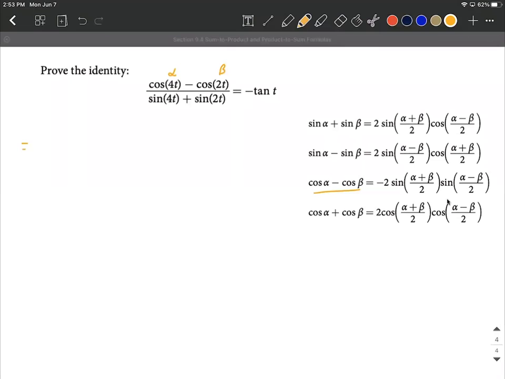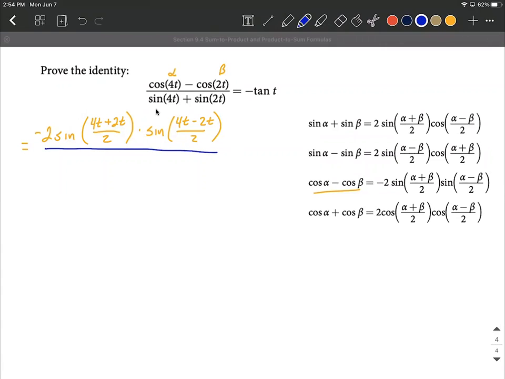So I can say at least that numerator is going to equal negative 2 times sine of alpha plus beta, so in our case, that's 4t plus 2t all over 2. And that's going to be multiplied by sine of alpha minus beta over 2, so 4t minus 2t all over 2. So that takes care of our numerator for the time being.